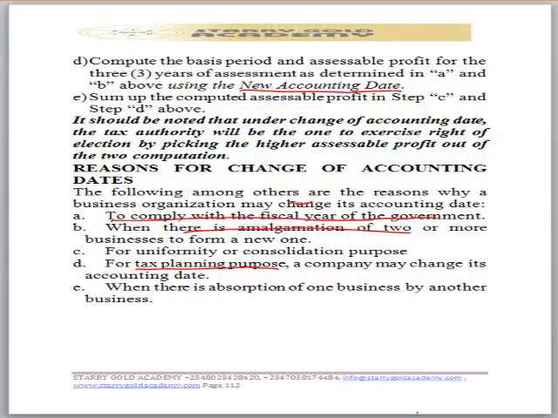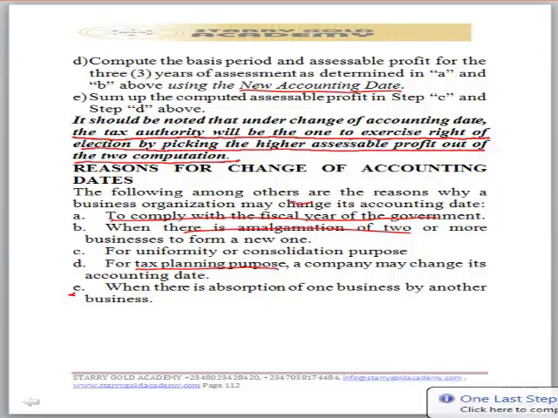Then you add up all the 3 years like we did, and whichever is higher is what the tax authority picks, because the tax authority will be the one to exercise the right of election by picking the higher assessable profit out of the 2 computations.